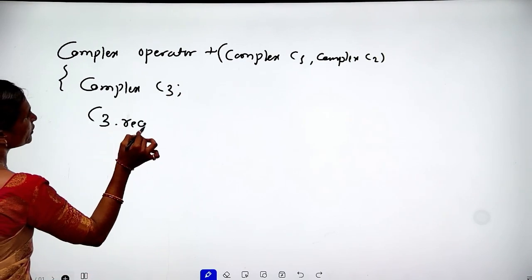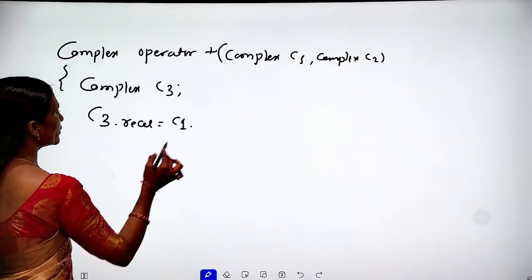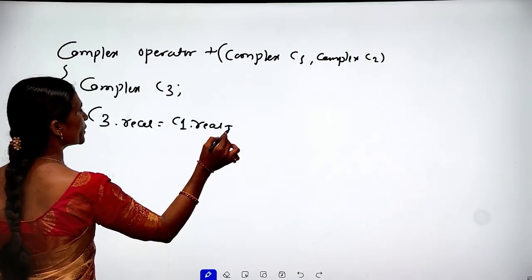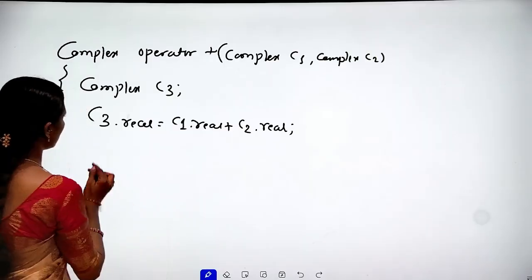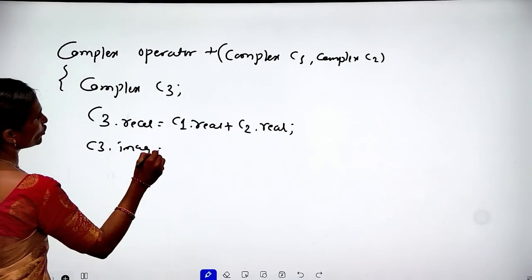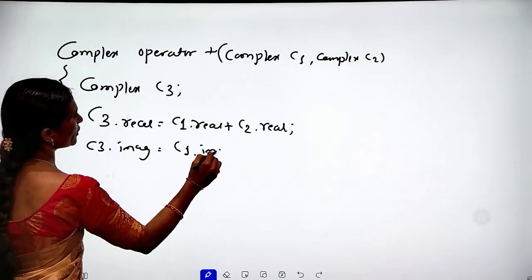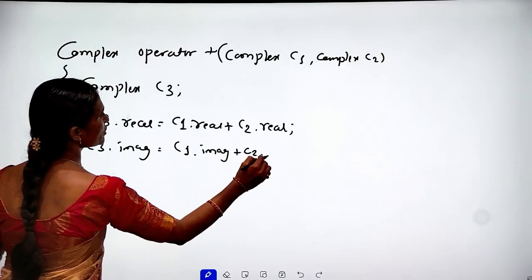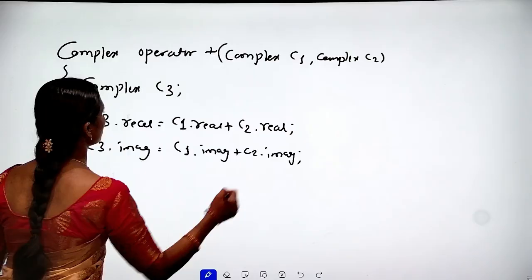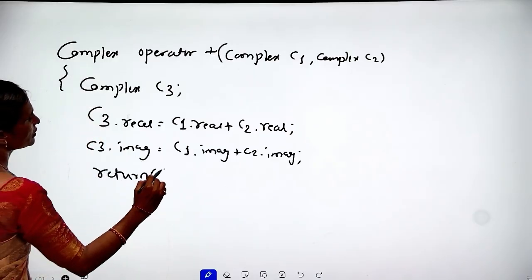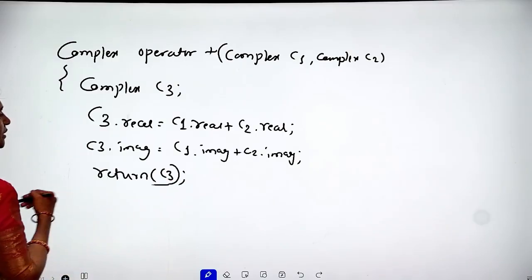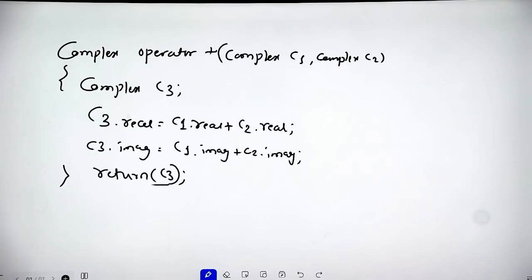C3 dot real is equal to C1 dot real plus C2 dot real, and C3 dot imaginary is equal to C1 dot imaginary plus C2 dot imaginary. Once it's calculated, we have to return C3, as the data is stored in C3. So this is how the computation is done.